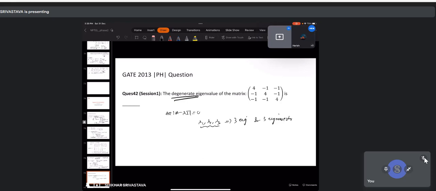Now, if more than one eigenvector has the same eigenvalue, then that eigenvalue is called degenerate. So you find the eigenvalues and see if any two of them are the same. If they are the same, that means they are degenerate, that is, it is occurring twice.